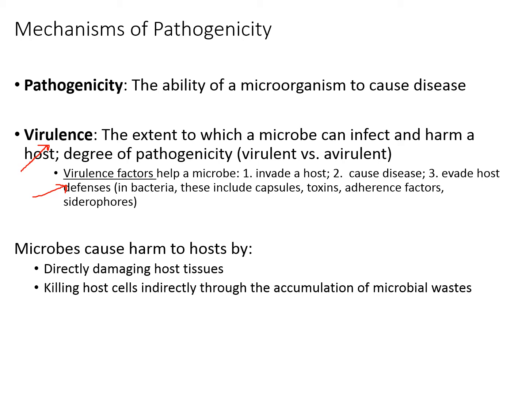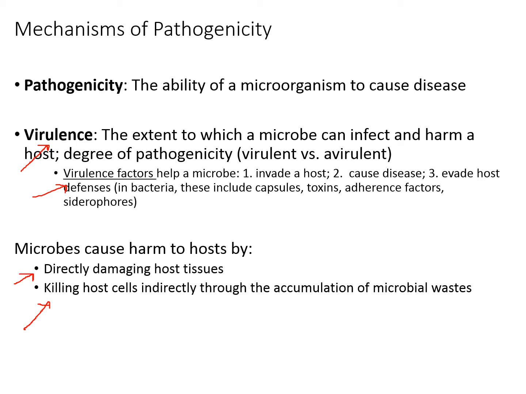Once a microorganism infects a host, it can cause harm to that host in a couple of different ways. It might directly damage host tissues by producing a toxin that causes cells to lyse, for example. Or it might cause harm to a host by indirectly killing cells.